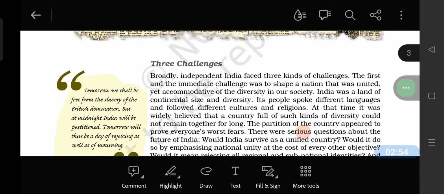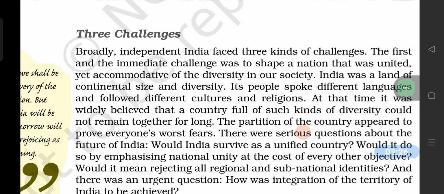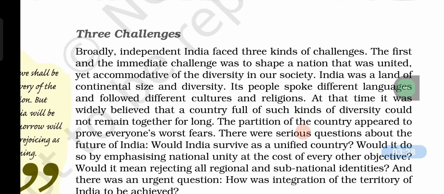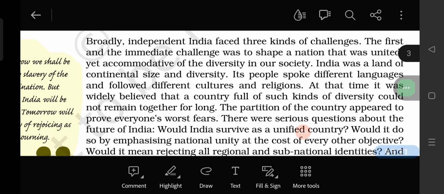As you know, India is a diverse country, and many people here belong to different religions and speak different languages, so they might not stay united for a long time. So the first challenge is that we should unite them. For this unity, the main role was played by Sardar Vallabhbhai Patel, also known as the Iron Man, with the Statue of Unity. He had the main role in shaping a nation.